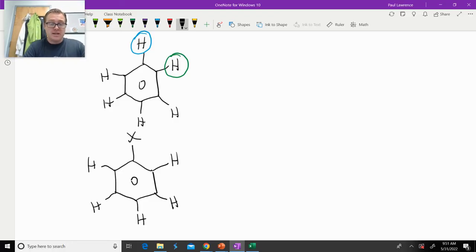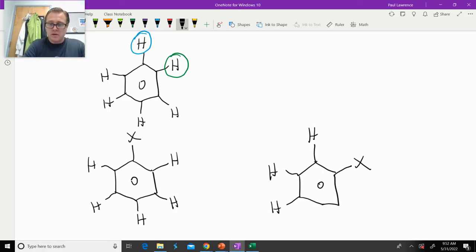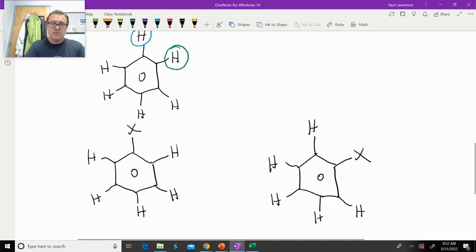And then you're going to draw the exact same molecule on the right, draw it all over again, but this time replacing the green hydrogen with an X. Like this. So now we have two molecules. We can circle that blue and circle that green.